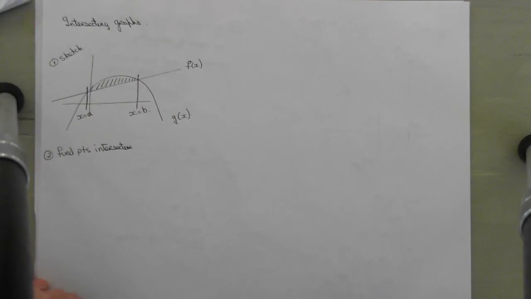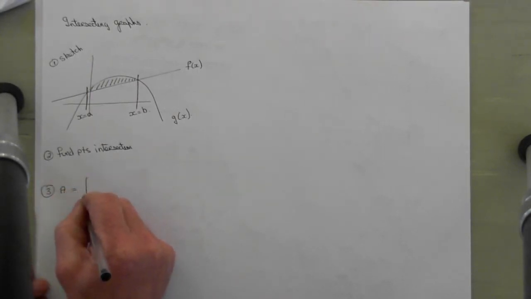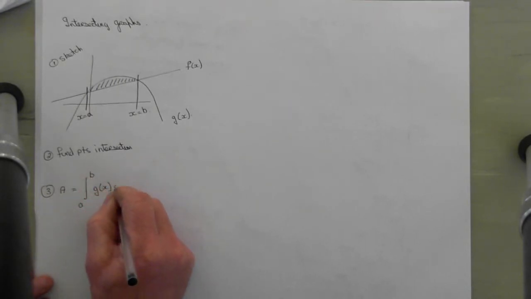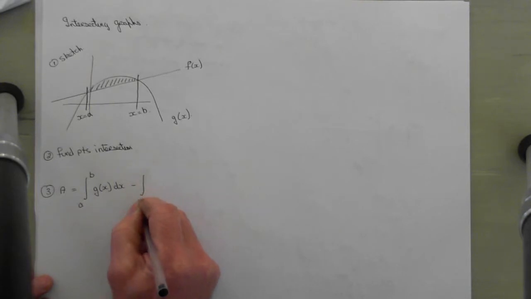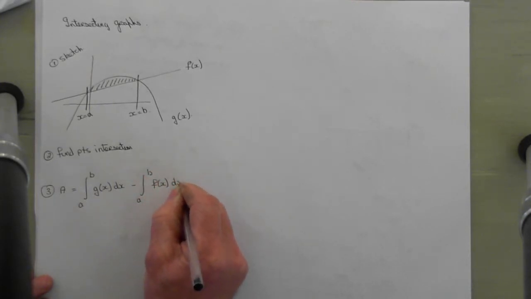How do I work out that integral? Well, do you understand this? That the bounded area is the integral from A to B of g of x dx minus the integral from A to B of f of x dx.